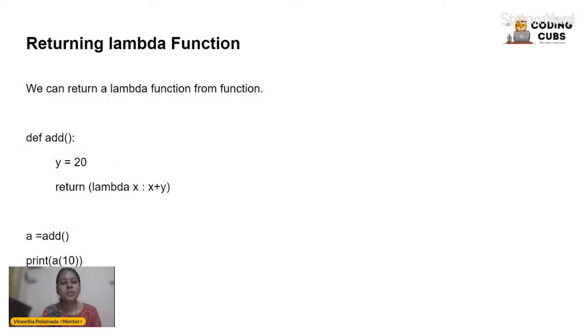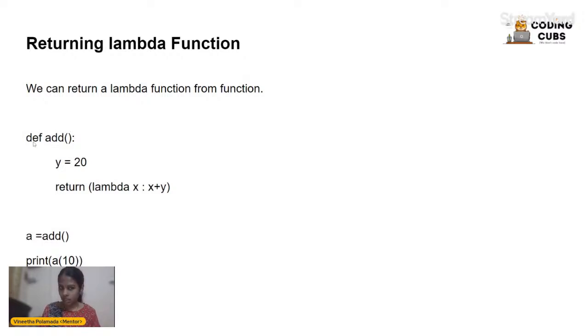Now, how do you return a lambda function? I told you, in a regular function, you will have a return statement. So in that return statement, what if I use my lambda function? This can be done. You can return a lambda function in your regular function.